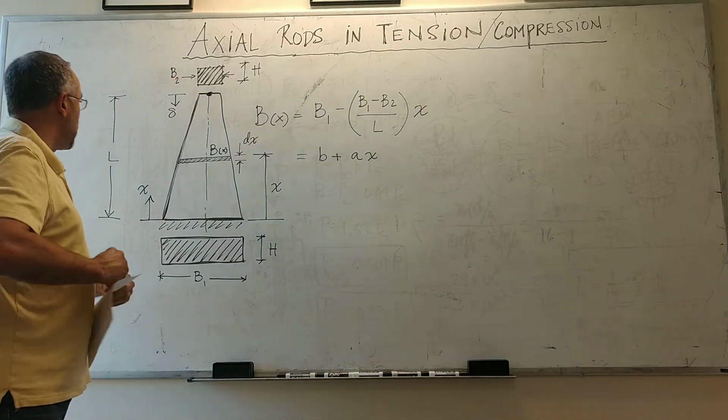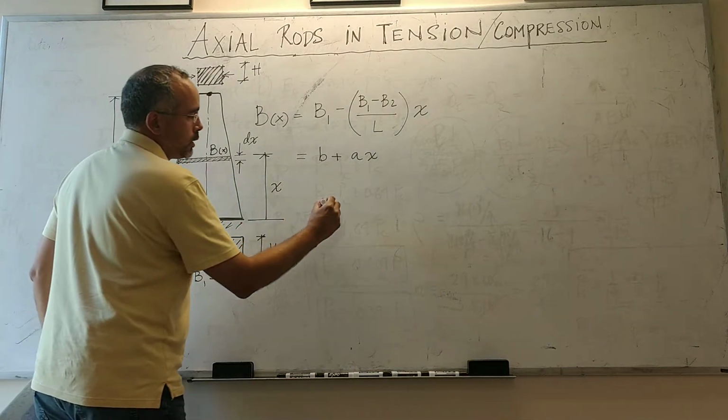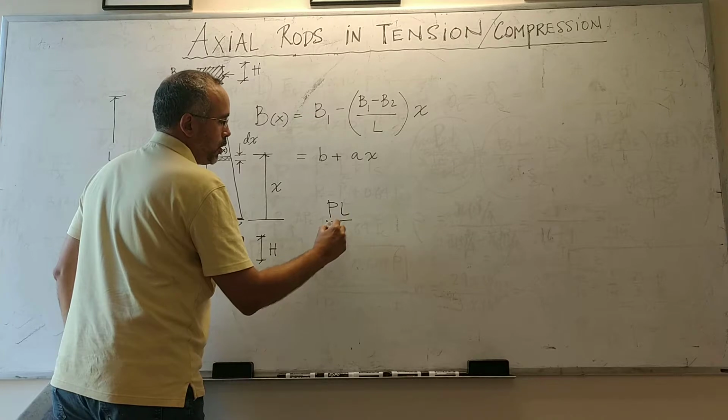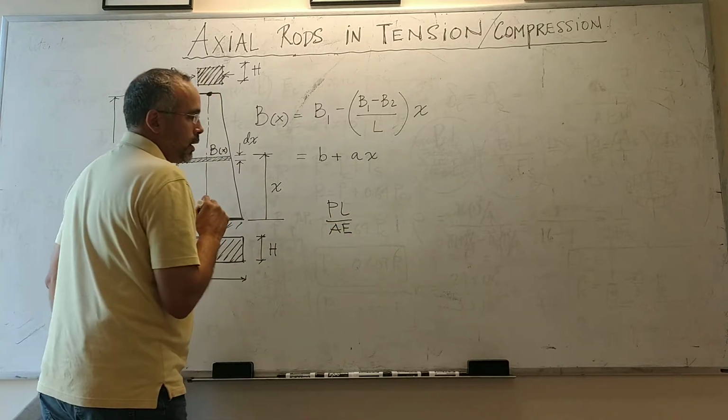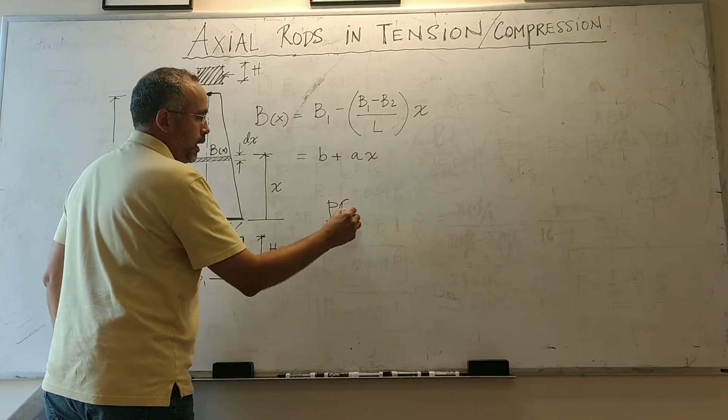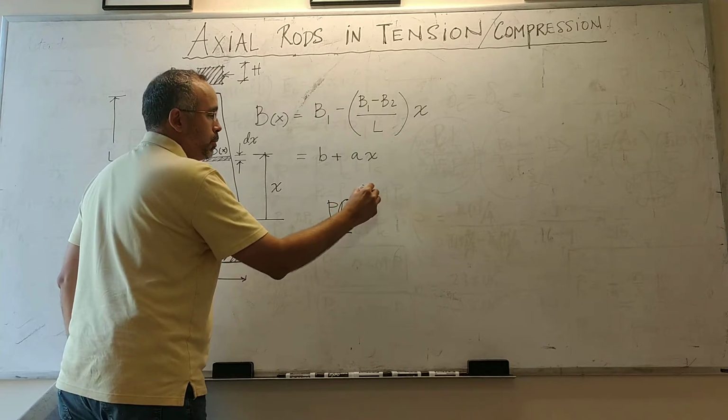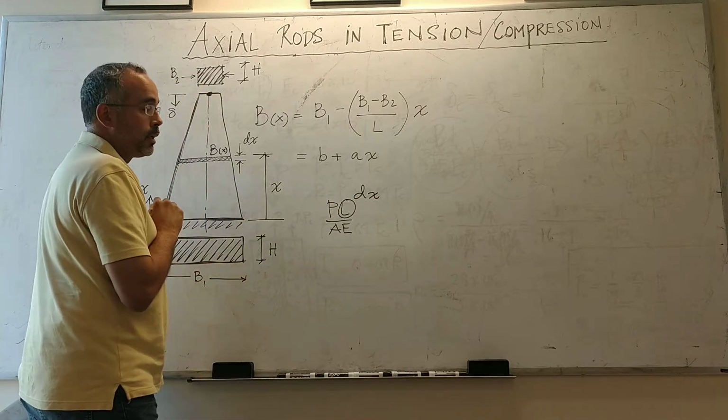So if we start with our basic equation that says PL over AE, now in this case L is going to be dx.